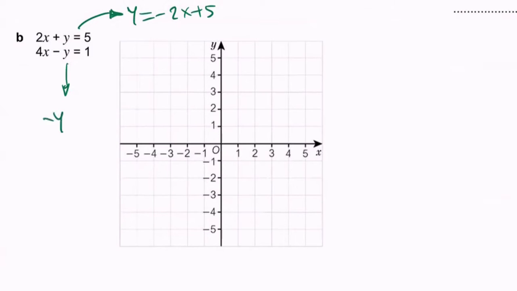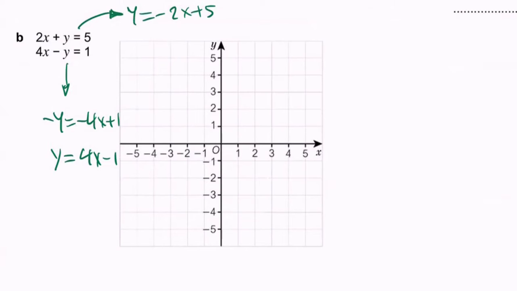Minus y equals minus 4x plus 1. Okay, then divide by negative because we need y, pure y. So y equals 4x minus 1. When you are dividing by negative 1, you only have to change the sign of every term.